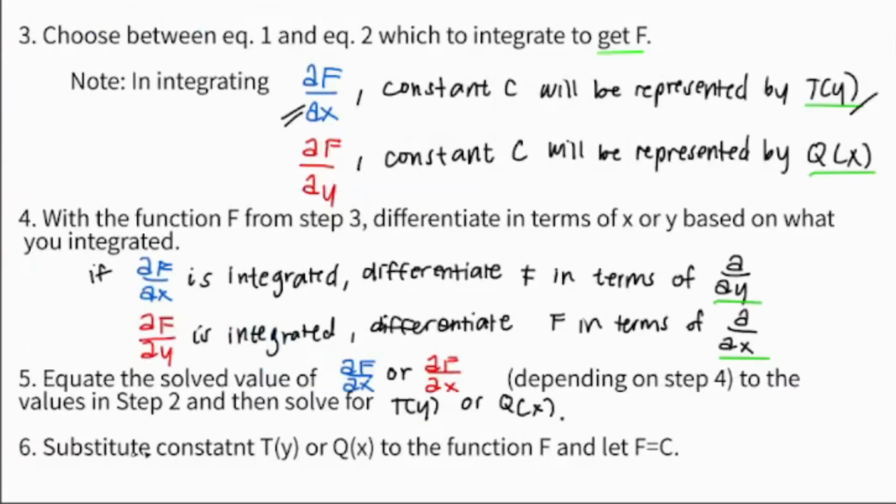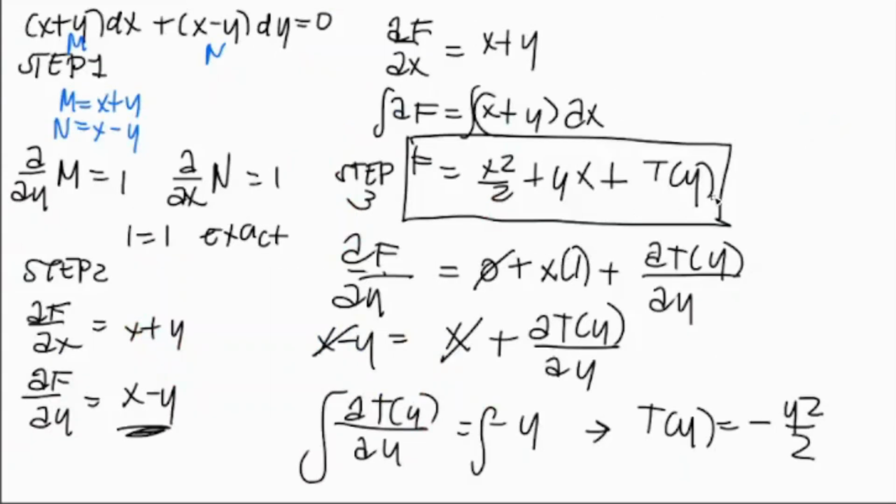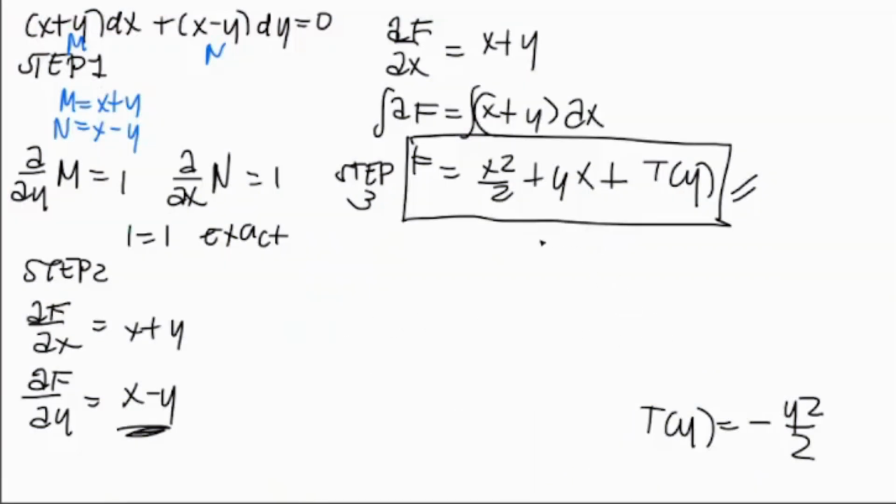So, next step natin is substitute natin yung constant t of y sa function f na na-solve na natin and let f is equal to c. So, ito yung function f natin. So, substitute natin siya dyan. So, yan. f is equal to x squared over 2 plus xy minus y squared over 2.